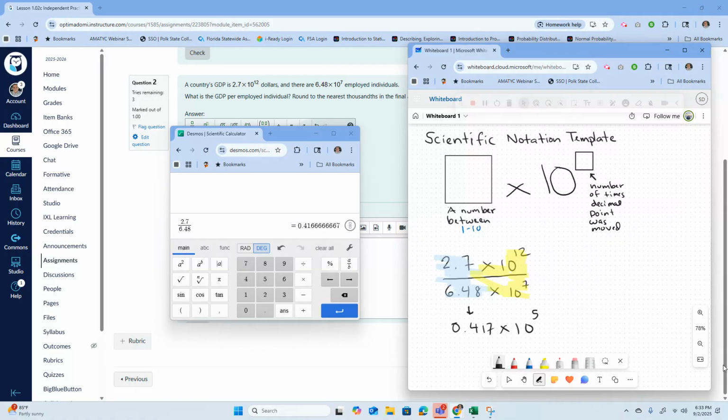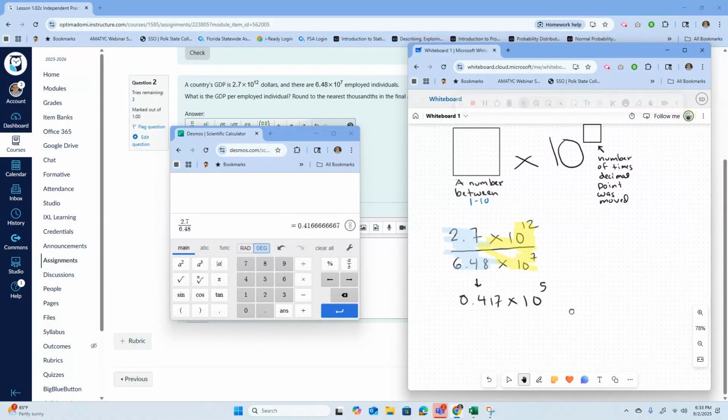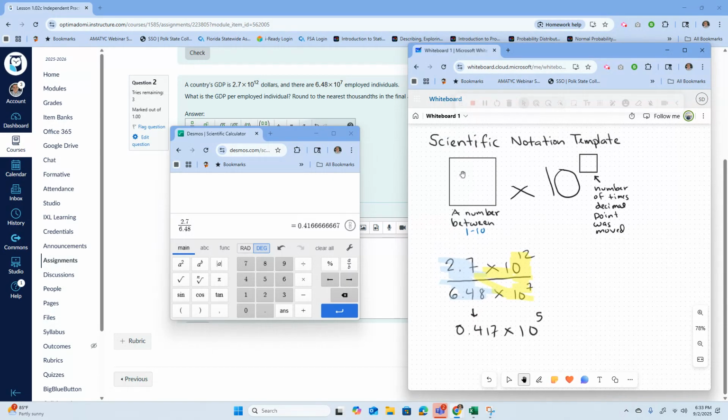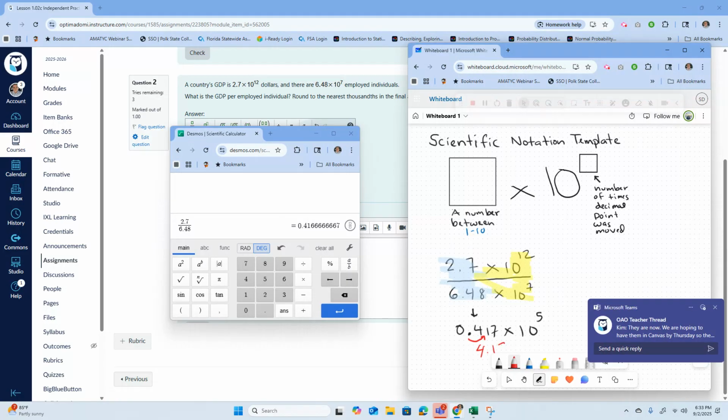However, the answer that I have down here is not in scientific notation because this number, 0.417, is not between 1 and 10. So I had to fix it. And how do you fix it? You're going to take the decimal point of 0.417 and move it to the right so you get the number 4.17.